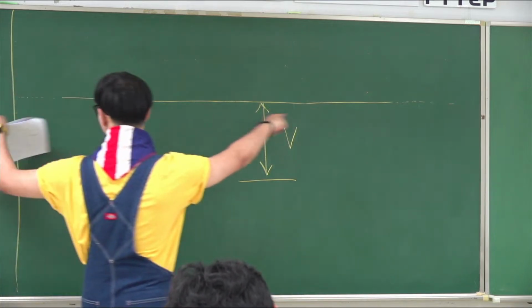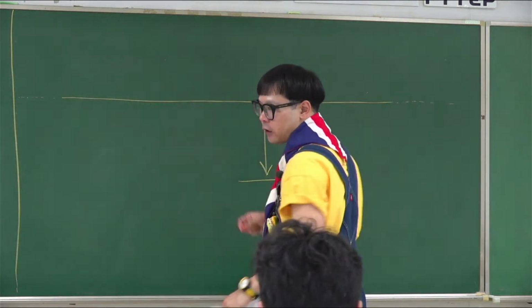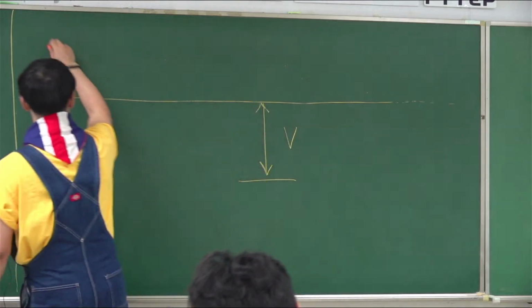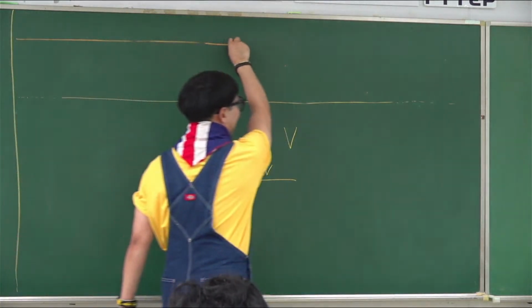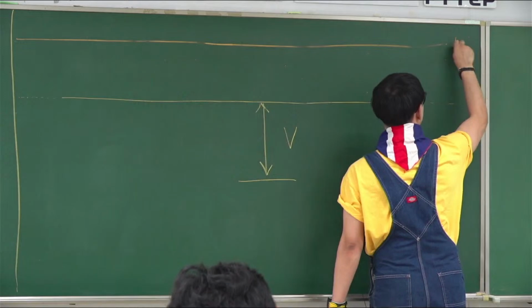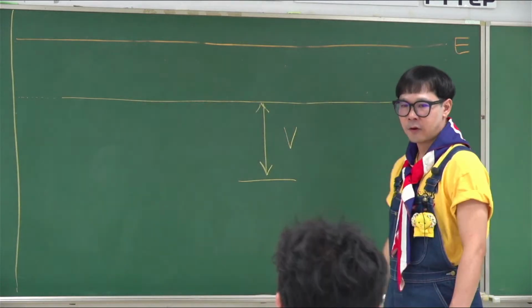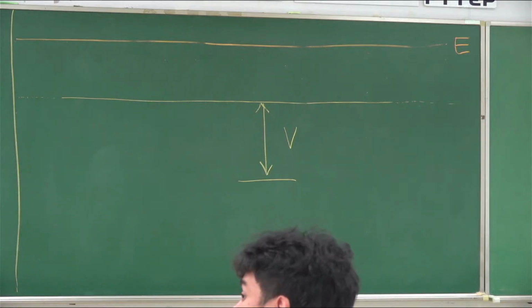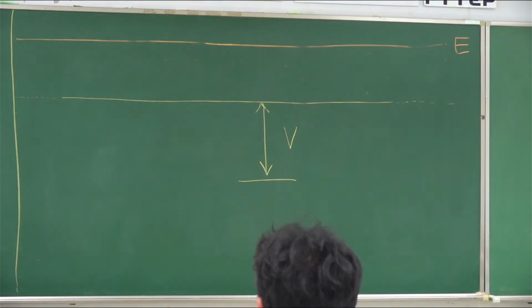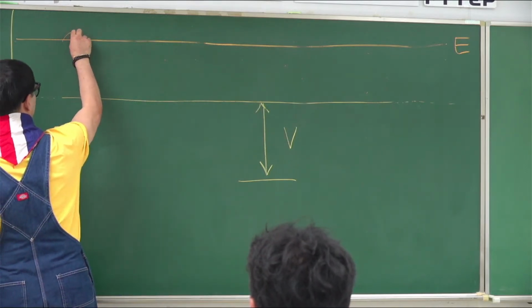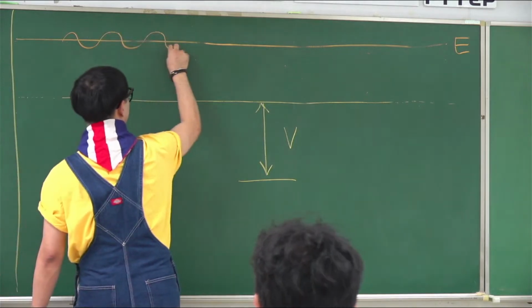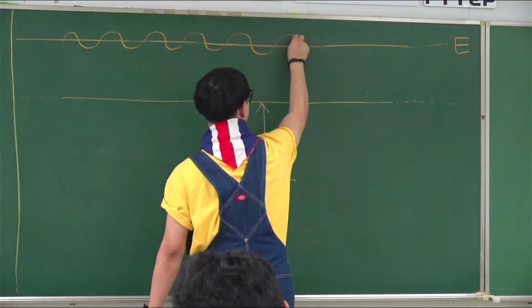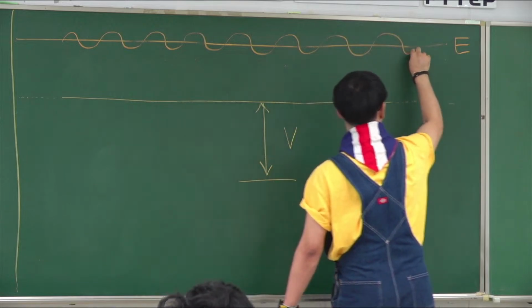Suppose that this could be infinitely long, to keep it simple, and this is going to be your energy level. You could solve for your solution from the Schrodinger equation, and you find that you're going to get a wave like this.